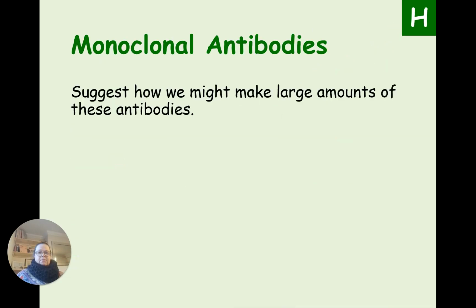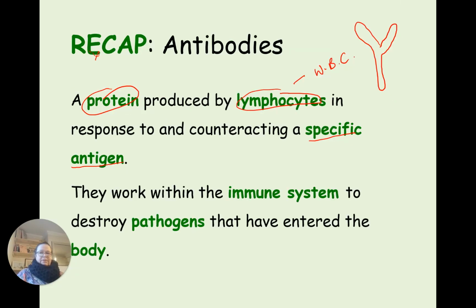And it's this area here, this V-shaped bit, that is actually complementary to the antigen on a pathogen. Complementary, with an E in the middle, means the shapes fit together exactly.